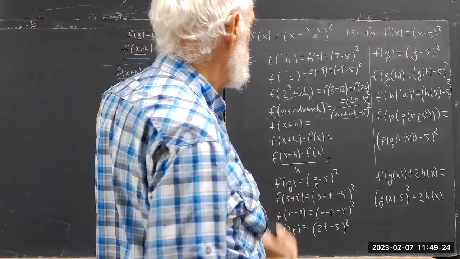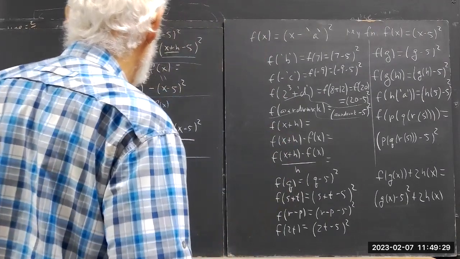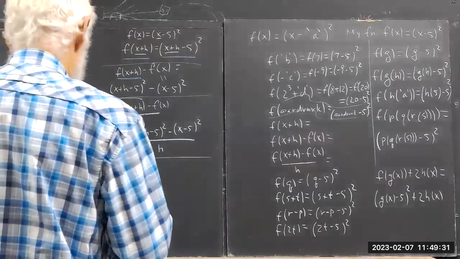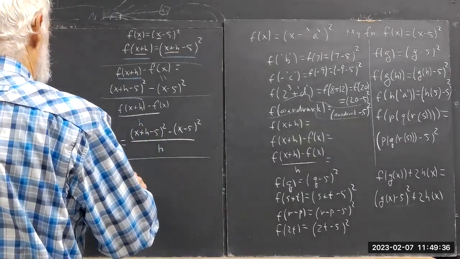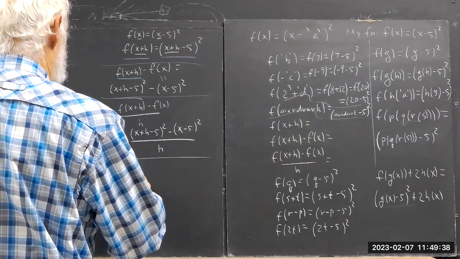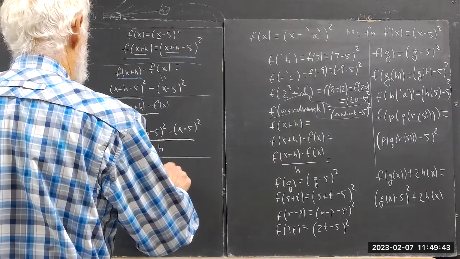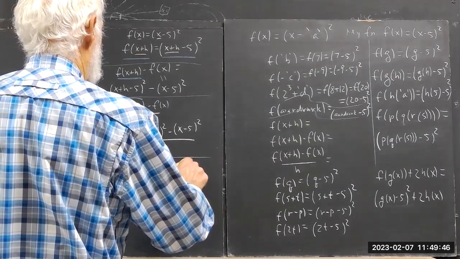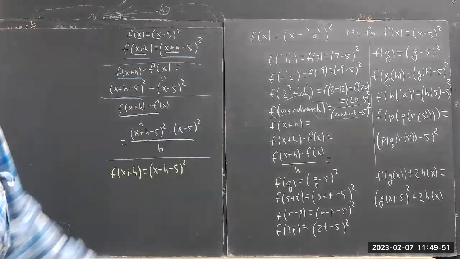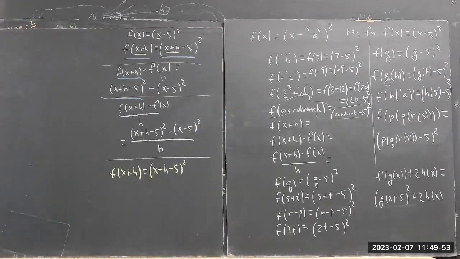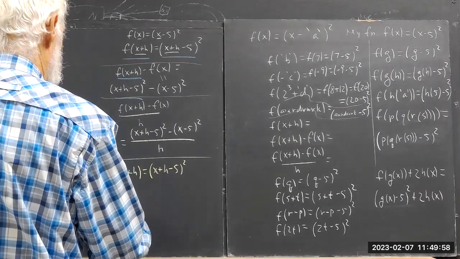I want to simplify F of X plus H. Again, we have F of X plus H equals X plus H minus 5 quantity squared, right? Now I want to simplify that.